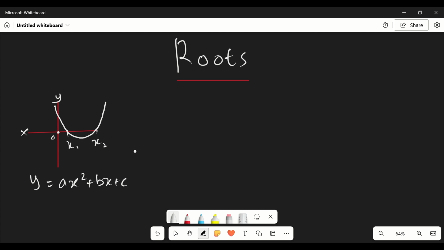So solving equations is actually finding where the curve meets 0, which is y equals 0. Therefore, we have to find all x for which ax squared plus bx plus c equals 0.